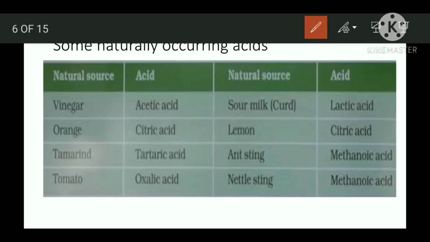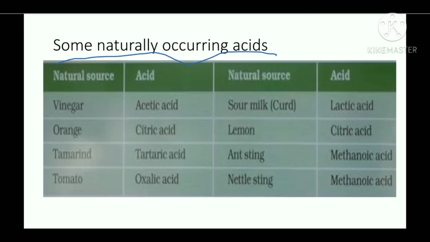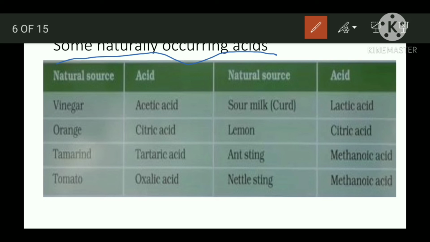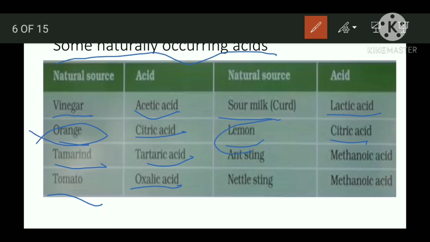Now we will see some naturally occurring acids. Vinegar contains acetic acid. Orange contains citric acid. Tamarind contains tartaric acid. Tomato contains oxalic acid. Sour milk or curd contains lactic acid. Lemon contains citric acid. See, orange and lemon both contain citric acid.